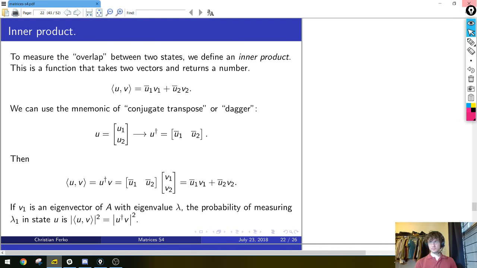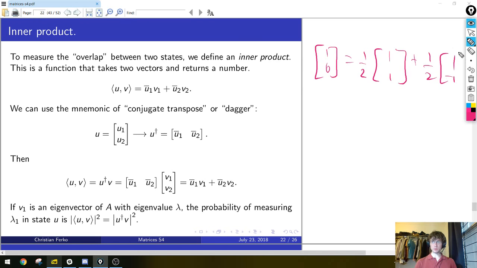Okay, so I guess I can go through this somewhat fast since I don't think there'll be a Matrices Challenge 4. But you might ask if there's an easier way, rather than rewriting a vector every time as some linear combination of the two eigenvectors, say, this plus 1/2 times 1 minus 1.